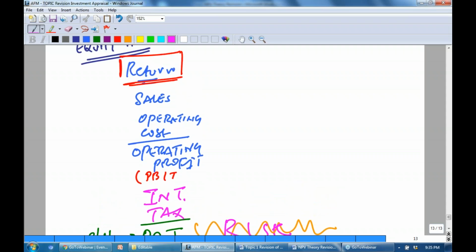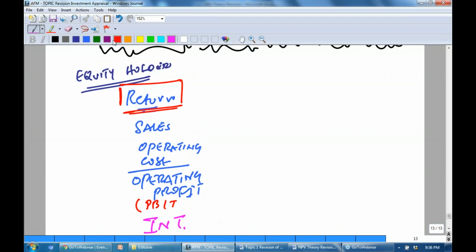Now let's suppose you are an equity holder and you have the amount of $1 million. And I am a company, Toyota.